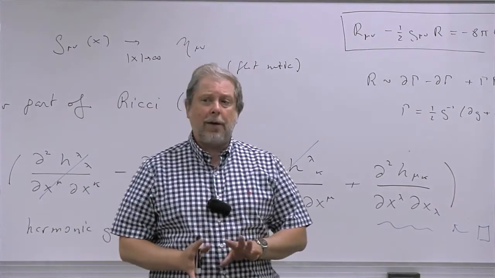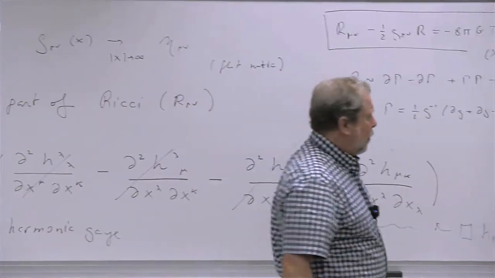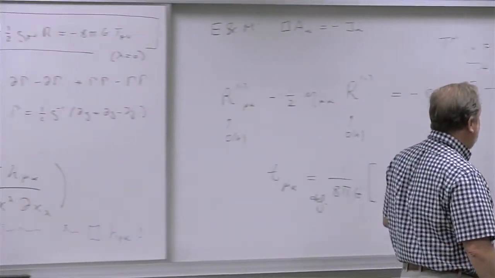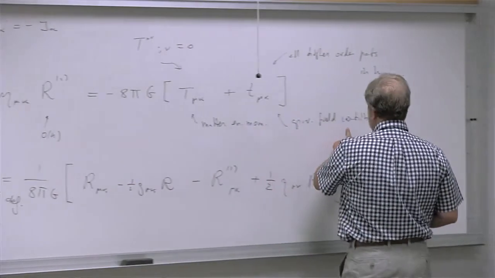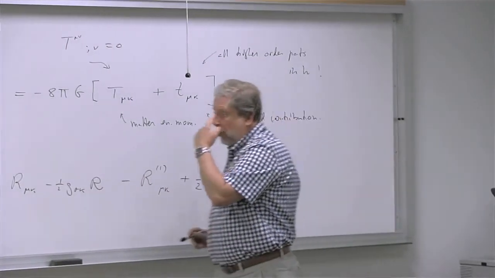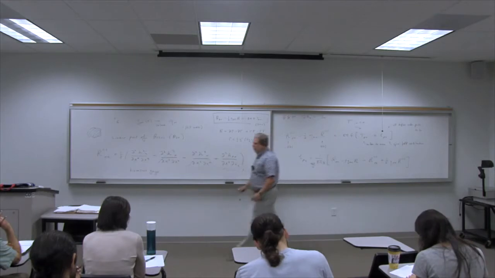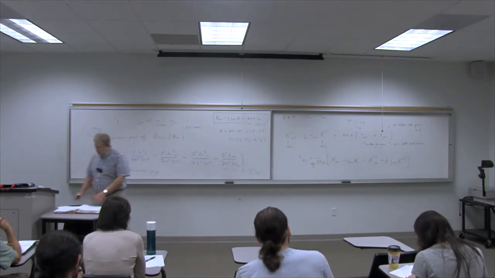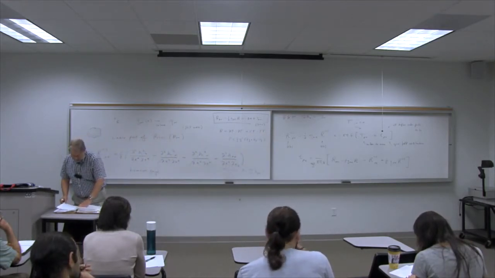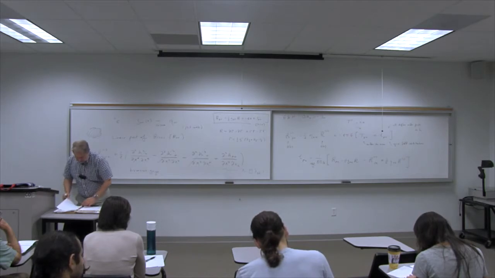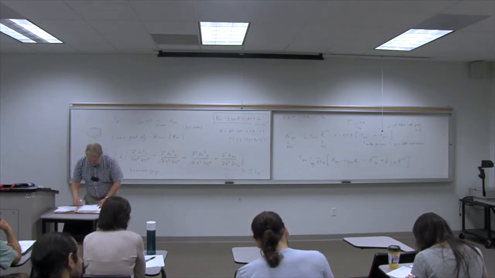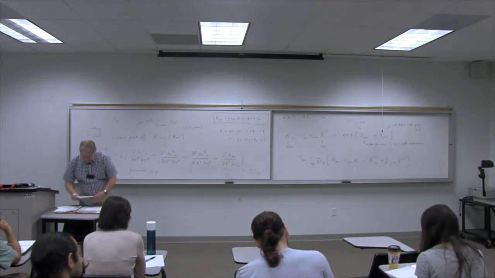So this part here is not conserved. So we cannot talk about it as being a genuine tensor in any way. Nevertheless, it is the gravitational field contribution to the right-hand side of the field equations.